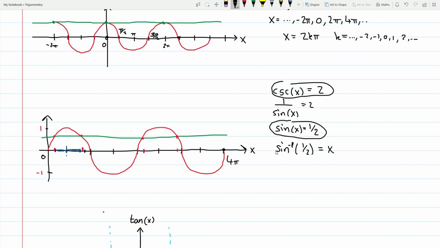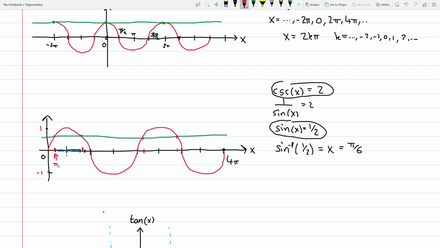It's good to use your calculator to figure out these things. I mean, it is a value which you should know off by heart, but if you don't know it, there's no shame in using a calculator. So this is equal to π over 6. This is what your calculator returns. It gives you the value π on 6, which is this point here.